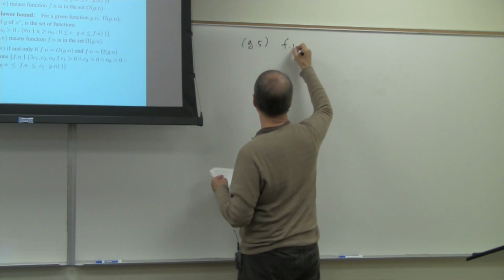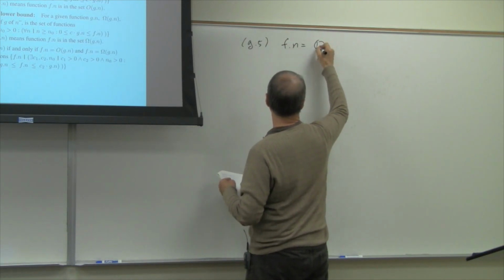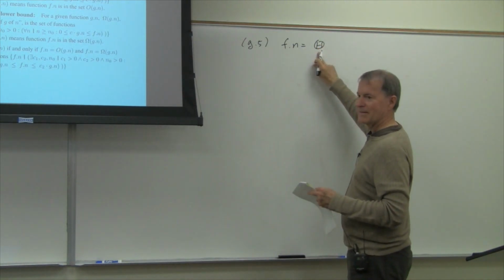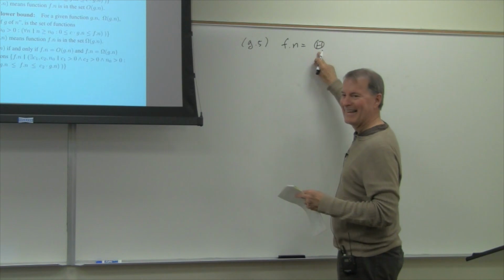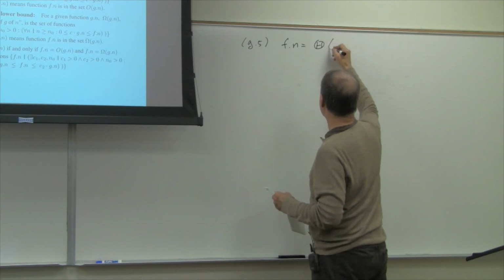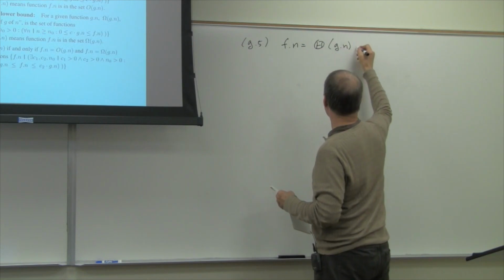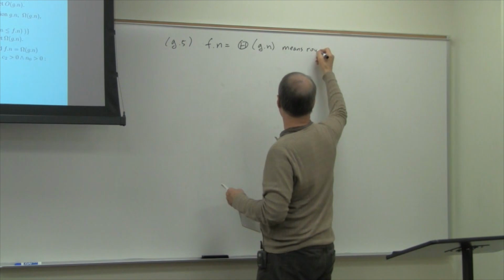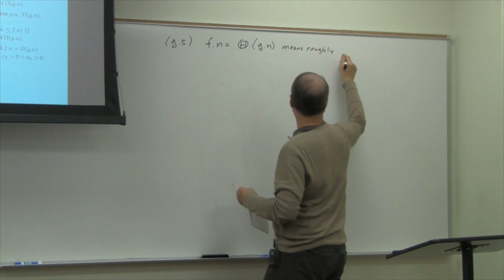So G.5, whenever you say f(n) equals, now the way you write theta is you put a big circle with an uppercase H in it. That's how you handwrite it. Big theta of g(n) means roughly what?